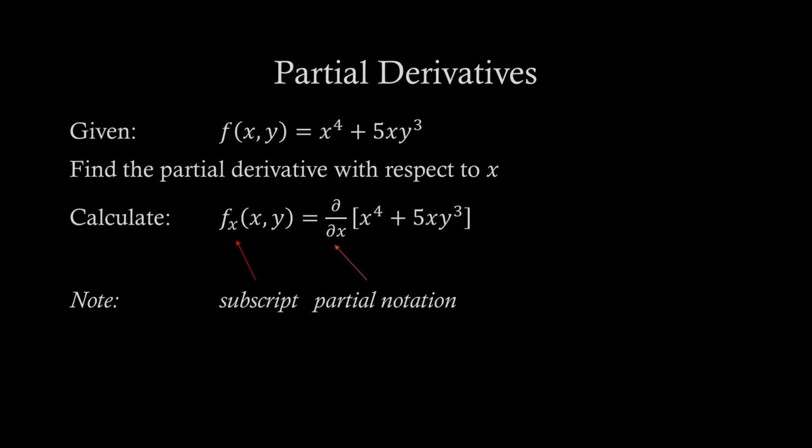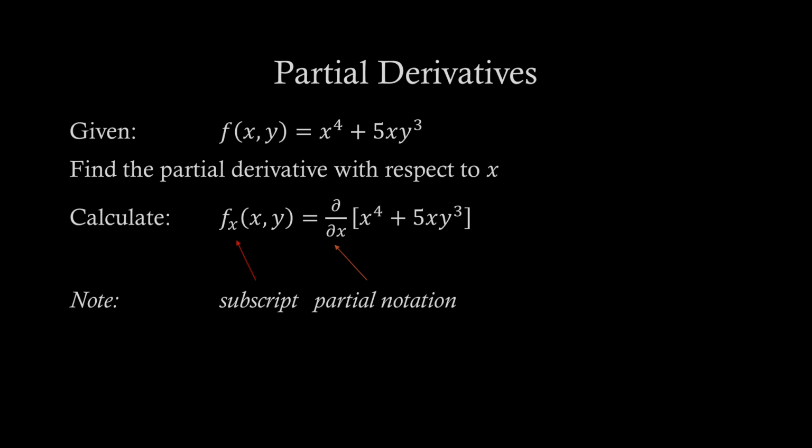Make a note of the two important differences. First, we can no longer use the prime notation, because we have more than one variable. The prime notation only works when there's one variable and we automatically just know that it's the derivative. Now with our functions of multiple variables, we need to be very specific about denoting which variable we are taking the derivative with respect to.